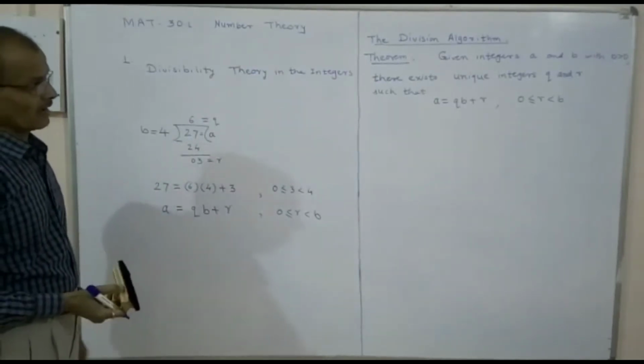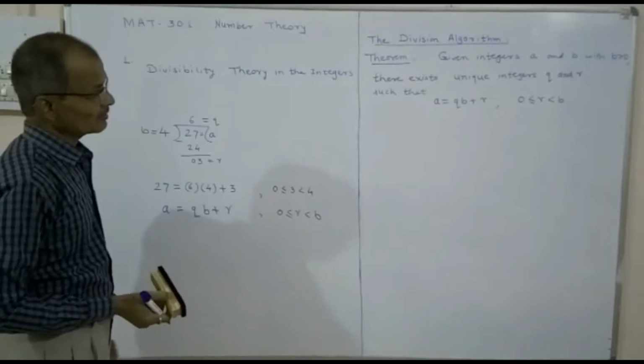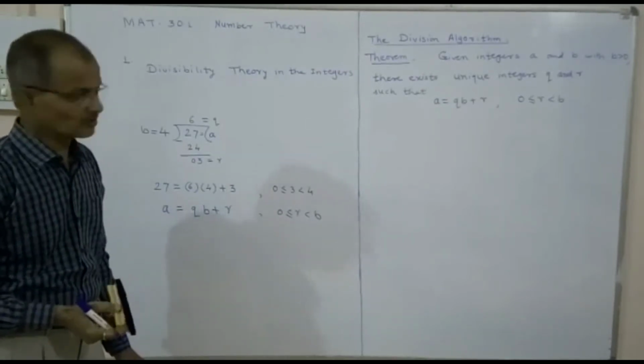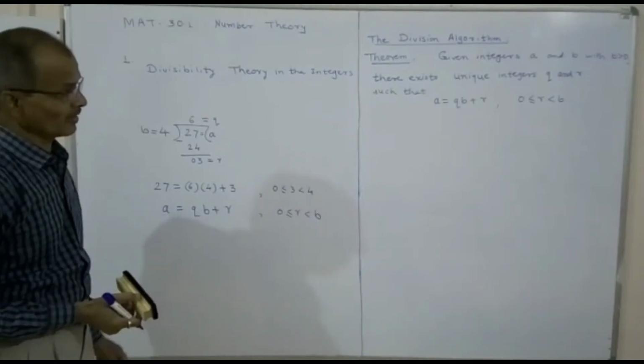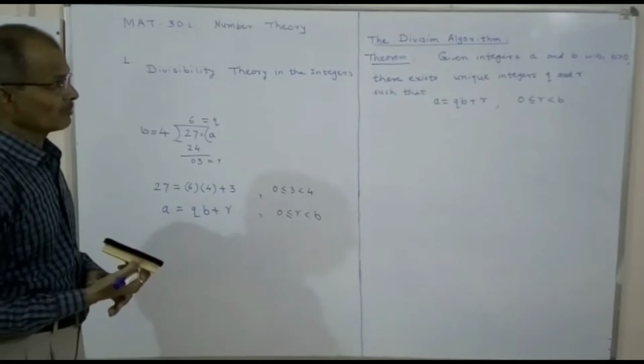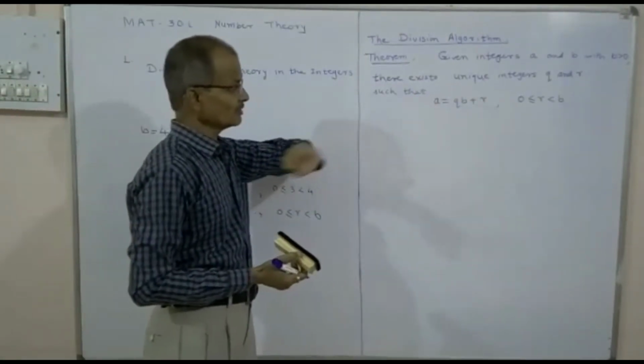Any two integers a and b, but the condition is that in this theorem we have considered b greater than 0, that is, b is a positive integer. a is any integer, may be positive, may be negative, may also be 0, but b is strictly greater than 0, meaning b is positive.